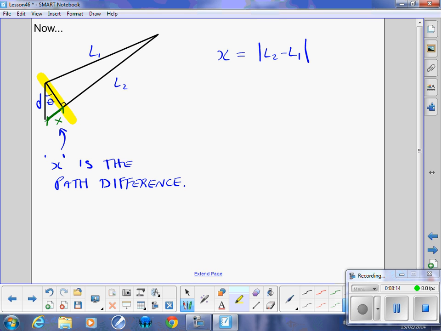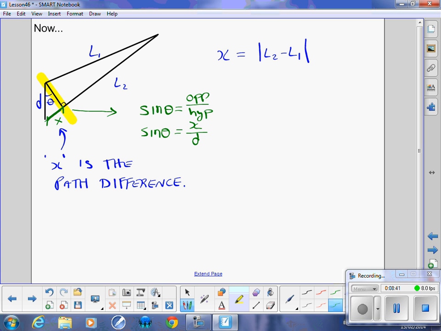So what is the value of x then? Well, we can use our trigonometry skills from grade 10. And we are looking for, if we label it, our D is our hypotenuse, opposite, adjacent. We end up using sine theta equals opposite over the hypotenuse. So sine theta equals x over D. I want to isolate for x.